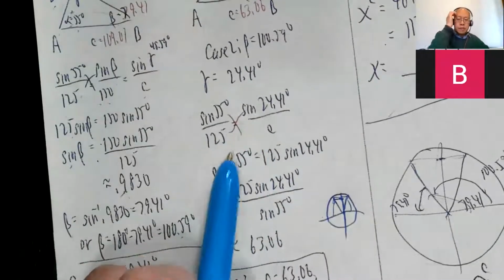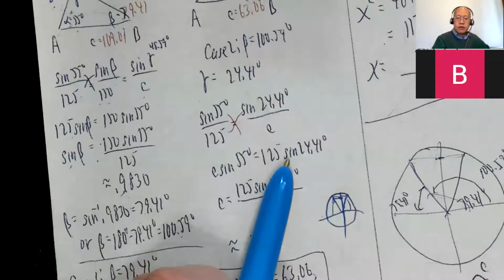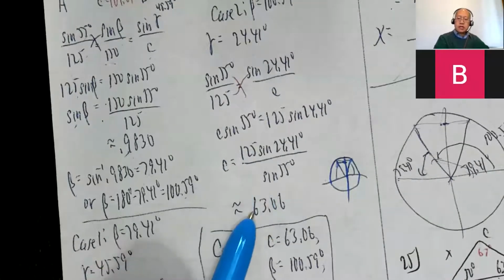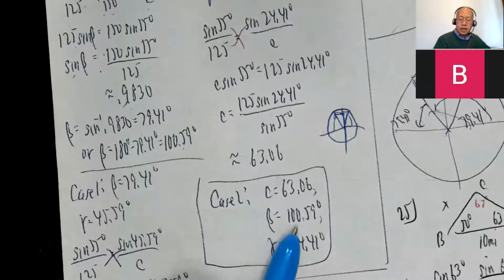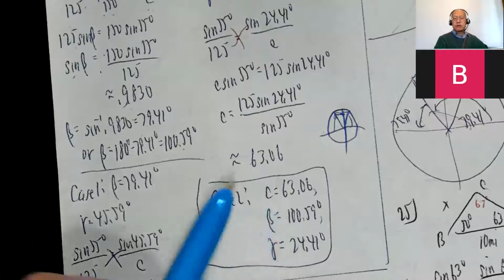Same thing, cross multiply. C sine of 55 equals 125 sine of 24.41, divide by sine of 55, punch it in the machine, 63.06. So my angles are beta is 100.59 degrees, gamma is 24.41, and C is 63.06.